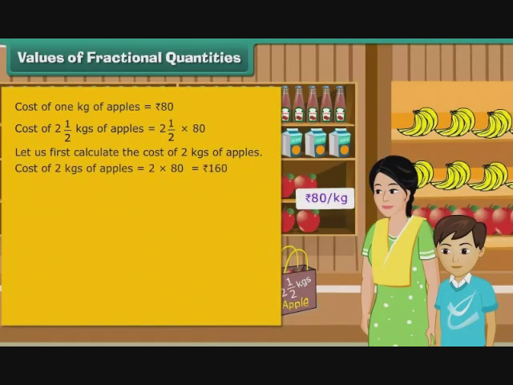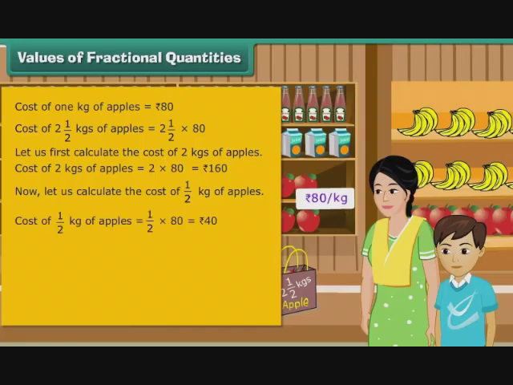Let us first calculate the cost of 2 kgs of apples. Cost of 2 kgs of apples is equal to 2 multiplied by 80, which is equal to rupees 160. Now, let us calculate the cost of half kg of apples. Cost of half kg of apples is equal to 1 by 2 multiplied by 80, which is equal to rupees 40.